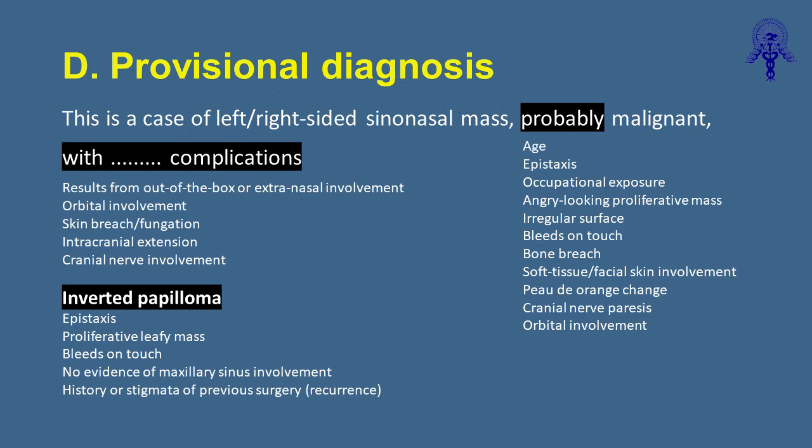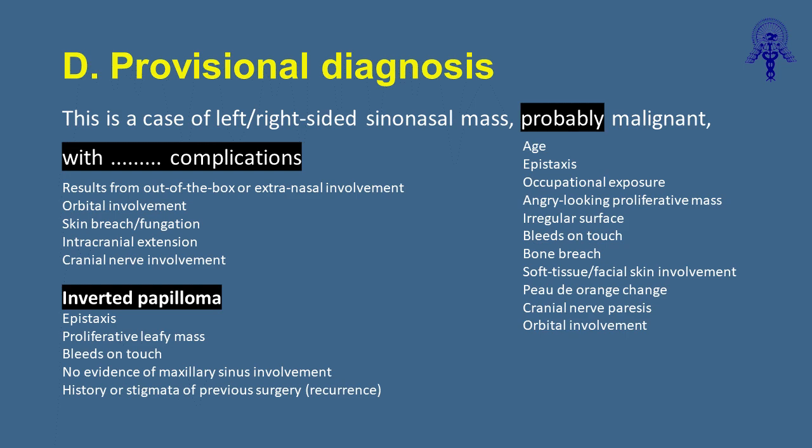Irregular surface, bleeds on touch by probe test, bone bridge ache kina by palpation. So here comes the importance of sinus wall palpation without seeing the radiology. Soft tissue or facial skin involvement, peau d'orange change, cranial nerve paralysis, orbital involvement. All these go in favor of lesion to be malignant.